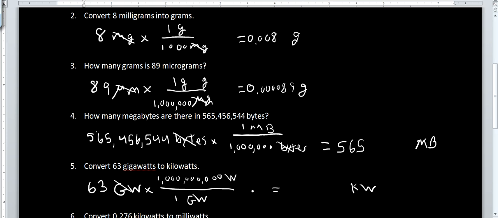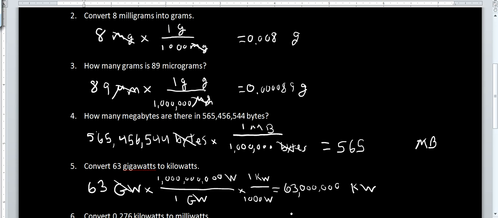However, you're asked to change it to kilowatts. So you can make another conversion factor here. 1 kilowatt is equal to 1,000 watts. You make this multiplication, you divide by 1,000, and your answer will be 63 followed by 6 zeros.